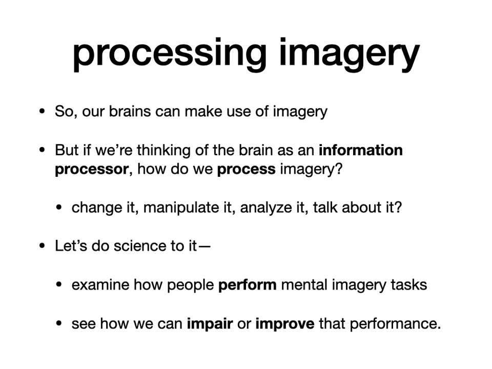We can have people do mental imagery tasks, and then we can see how those tasks can be impaired or improved under different circumstances. This is a good baseline, right? Obviously, we have some proficiency with mental imagery, but can we fiddle with that? Can we interfere with that? What kinds of things do and don't interfere with that?